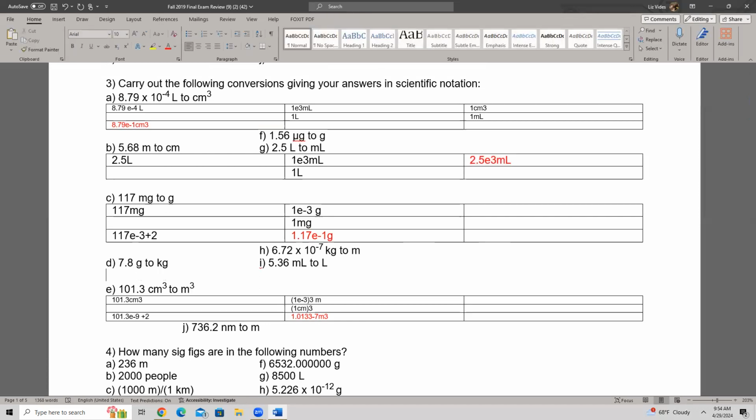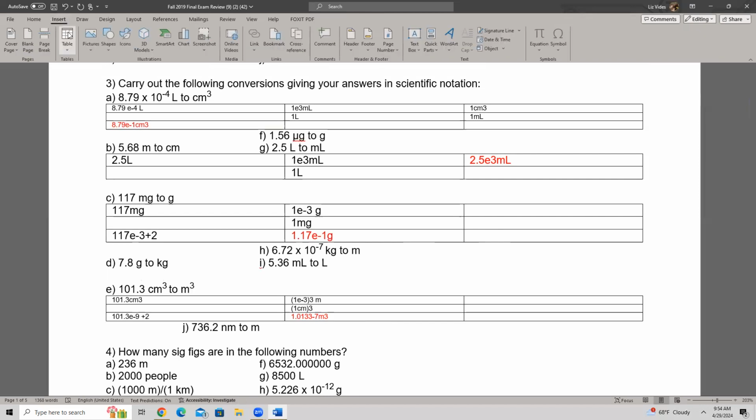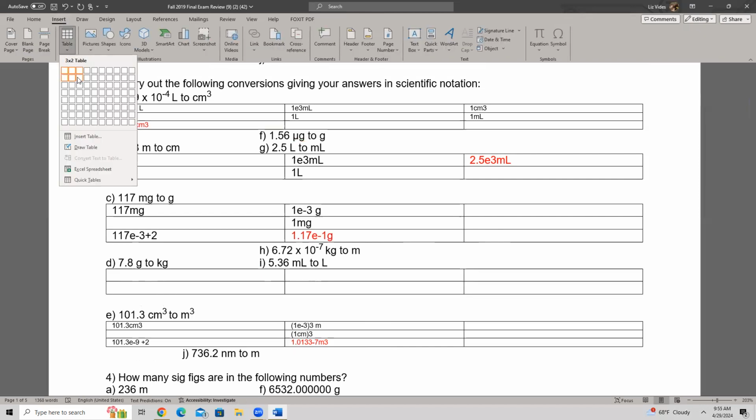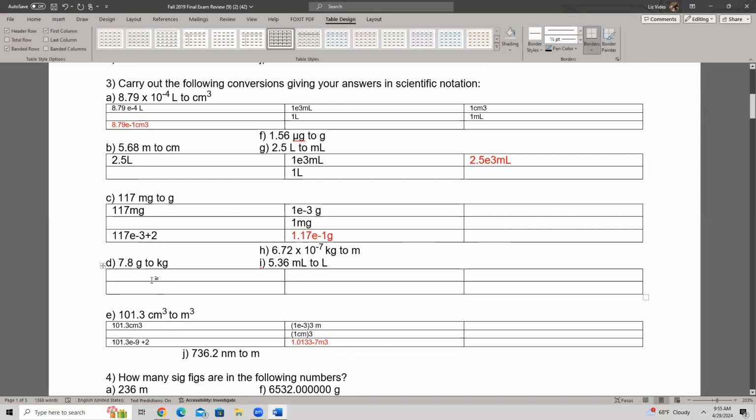And I is going to change from milliliters to liters. So it's the opposite of what we just did. So 5.36 milliliters, where you have is 1 milliliter. And like you always do the multiplication rather than division. So I just like to put 1 e to the negative 3 on top for the liters.